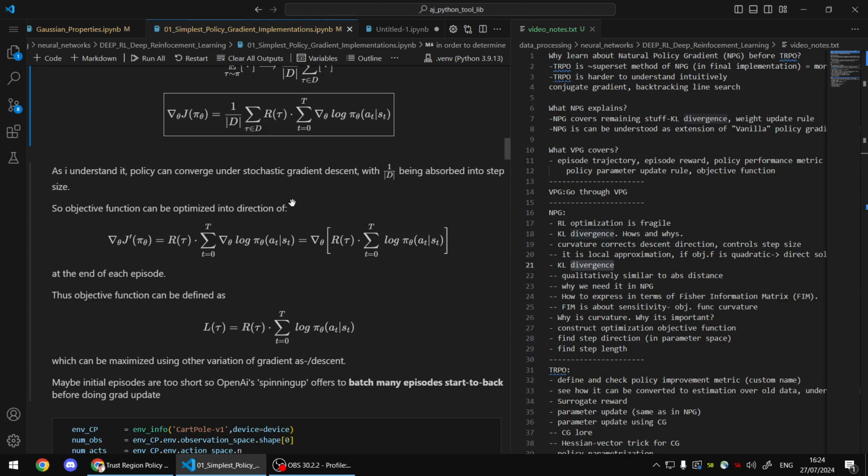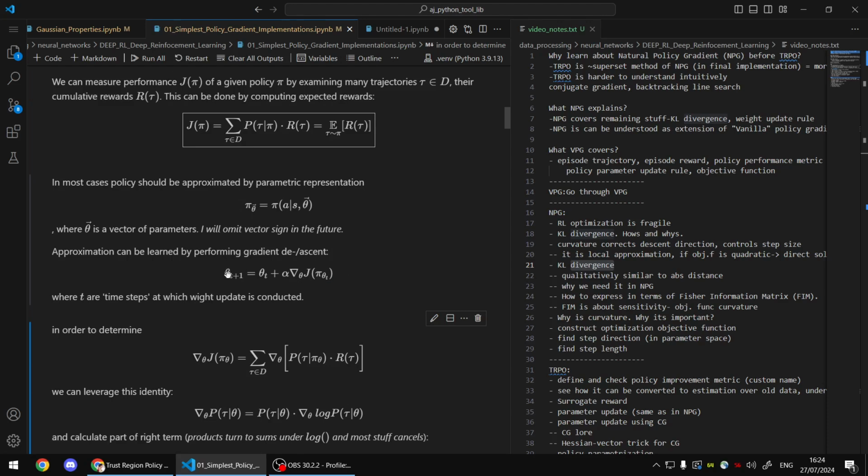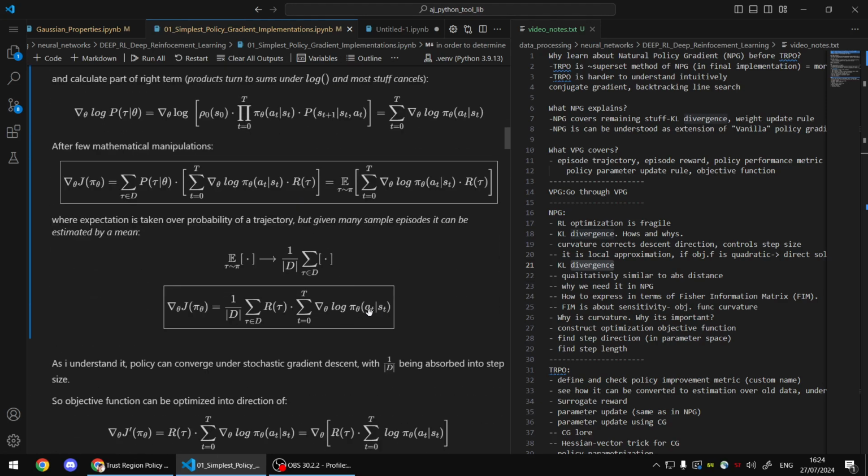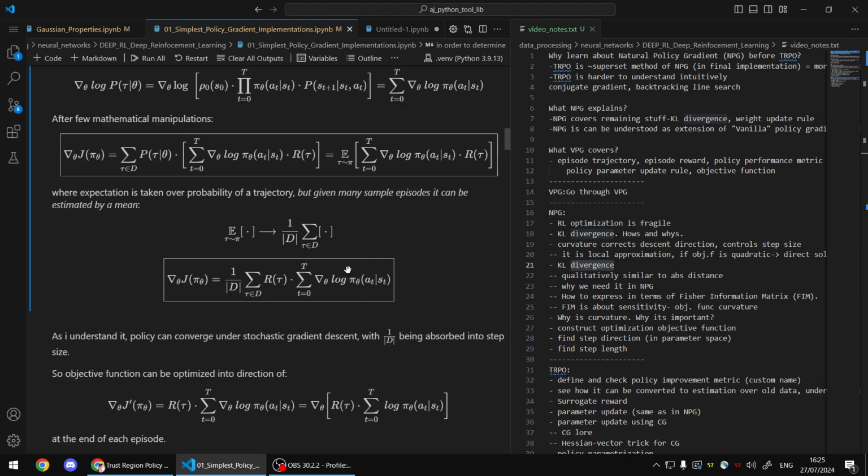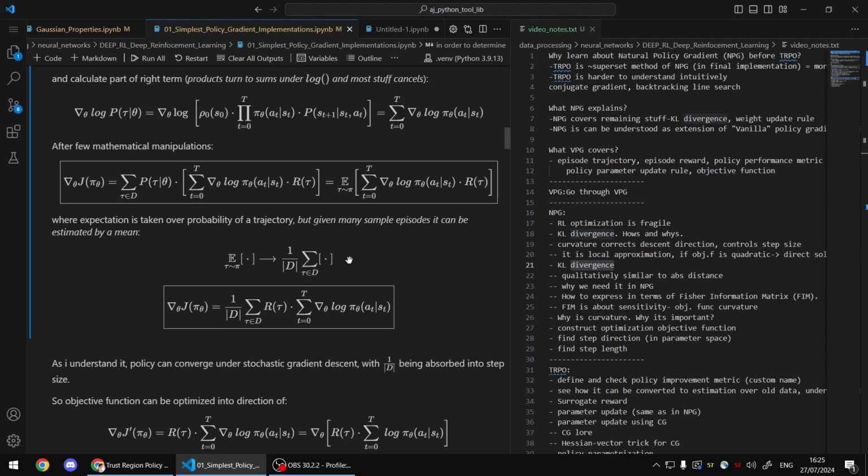And I guess this is the main idea, that we can calculate the update step using gradient ascent for our policy, just using this expression, as long as we have a differentiable policy, in the case of a neural network, and using auto-differentiation capabilities of a library, we actually can do it. Maybe in practice for this vanilla policy gradient, you don't actually implement manual iterations.